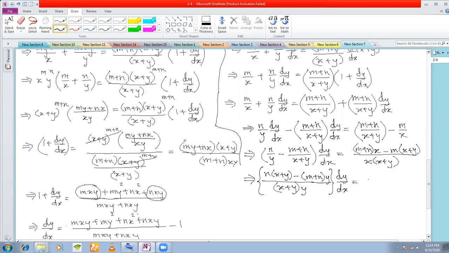Now I open the brackets here: mx plus nx minus mx minus my divided by x into (x plus y). So what cancels on the right hand side? mx cancelling here.